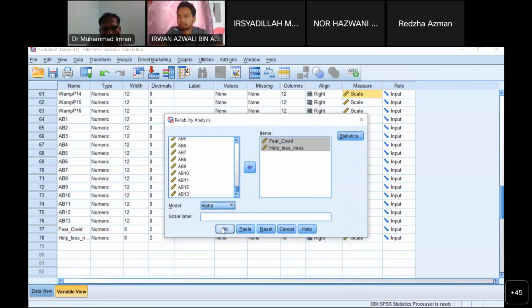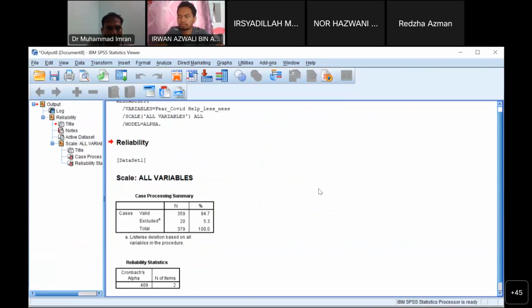We are using alpha, simple. Cronbach alpha.